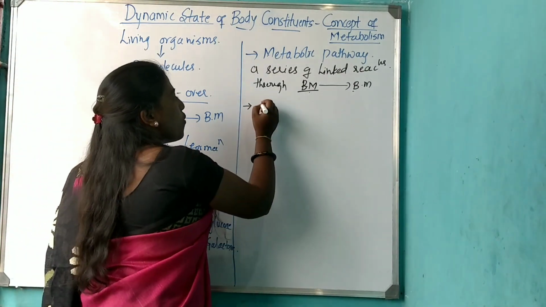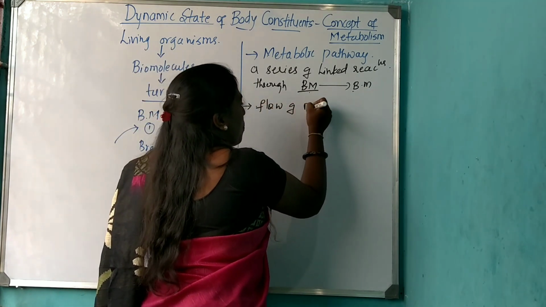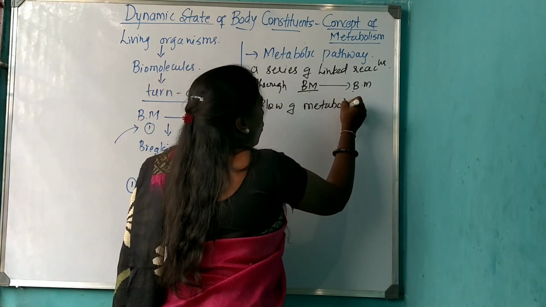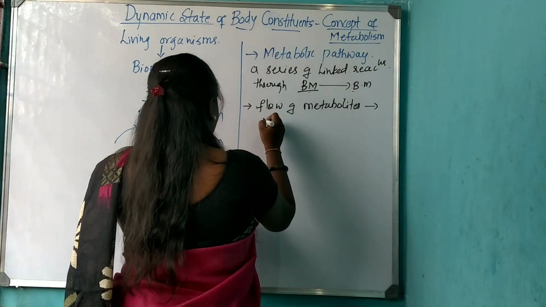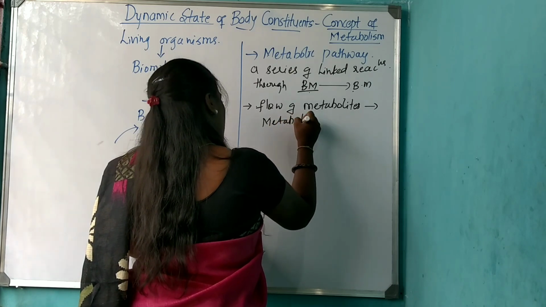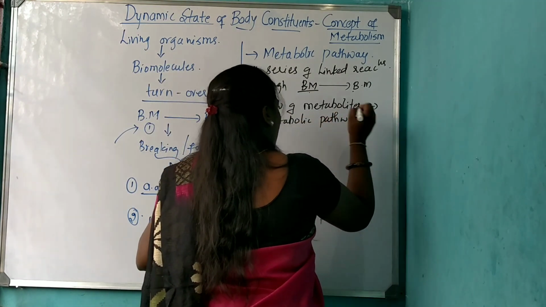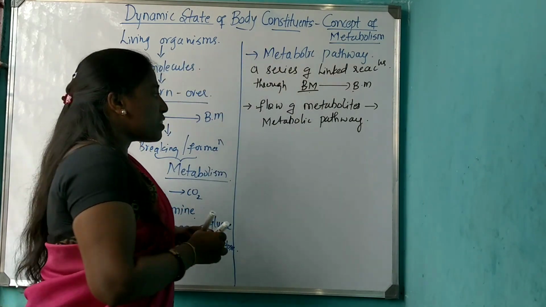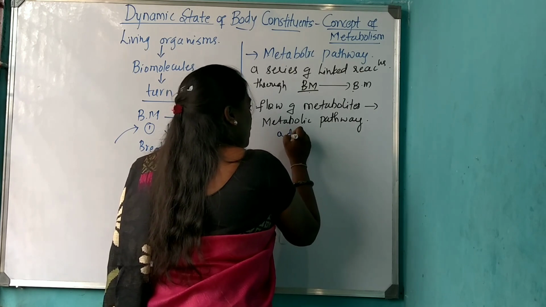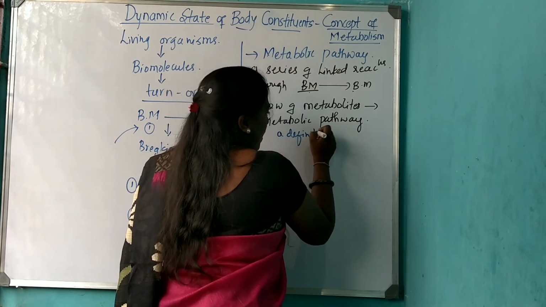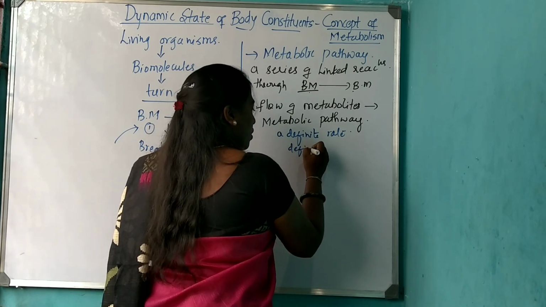So what is the dynamic state of body constituents? It is the flow of metabolites through the metabolic pathway at a definite rate and in a definite direction.